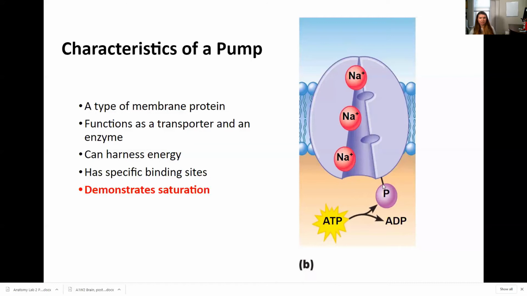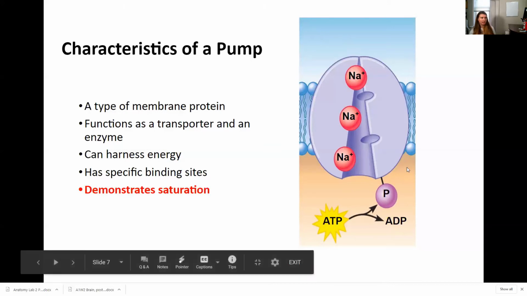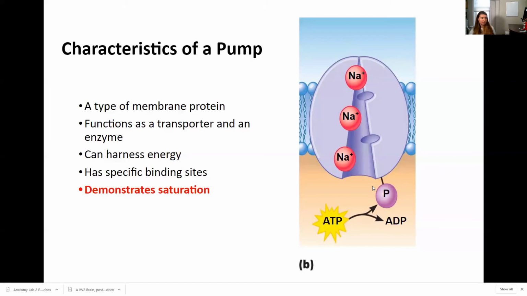So the enzymatic portion, it's not saying it acts as any old enzyme breaking down some glucose molecule or something. Specifically, the enzymatic reaction we're talking about is breaking down ATP. So it can harness that energy from ATP hydrolysis, from breaking down that ATP molecule, to pump these molecules across.